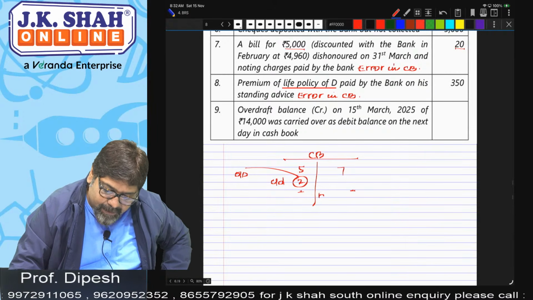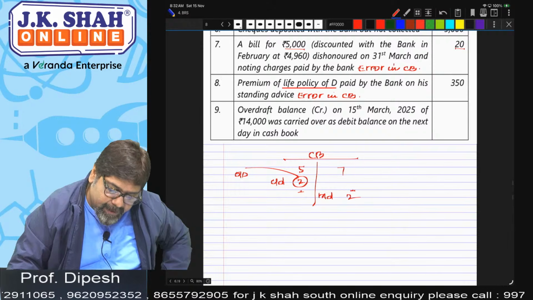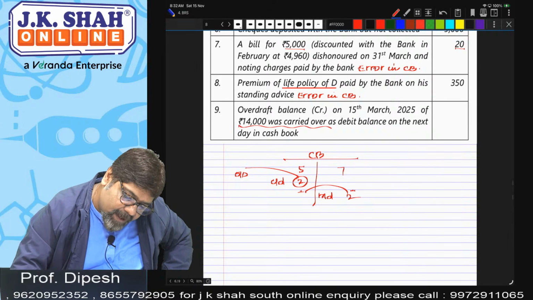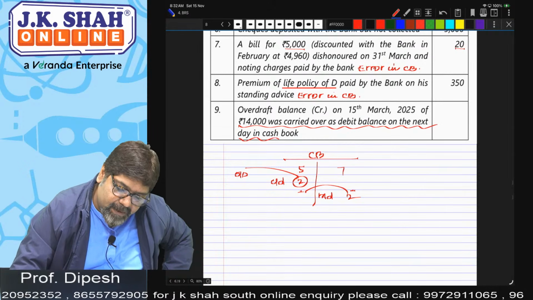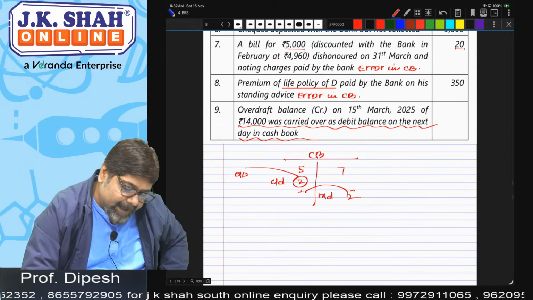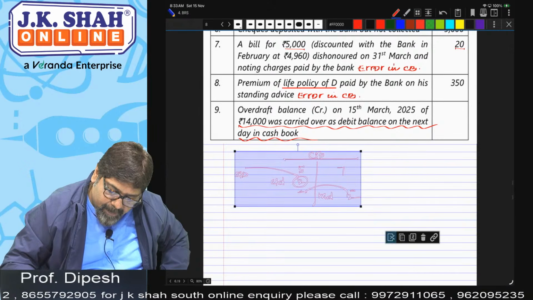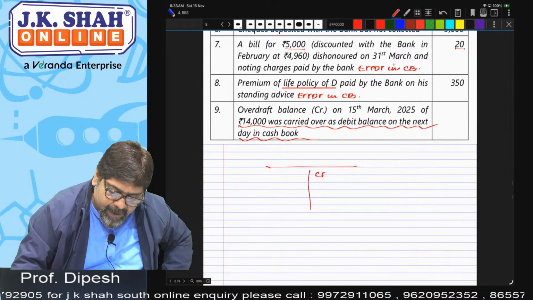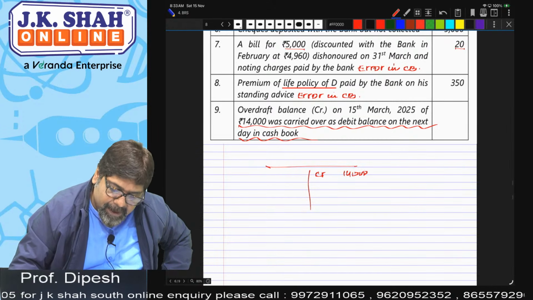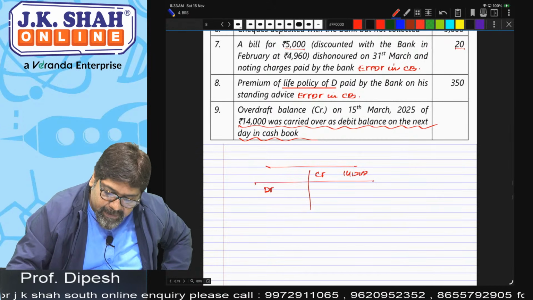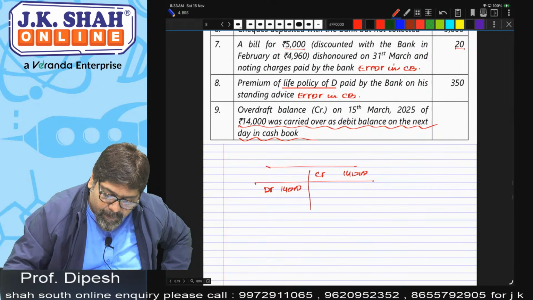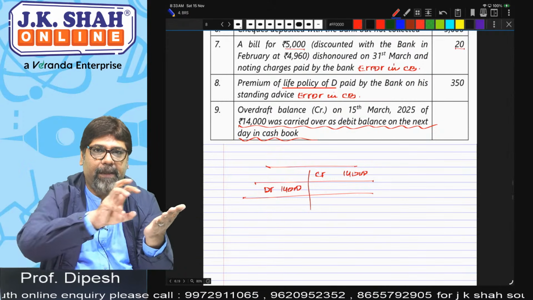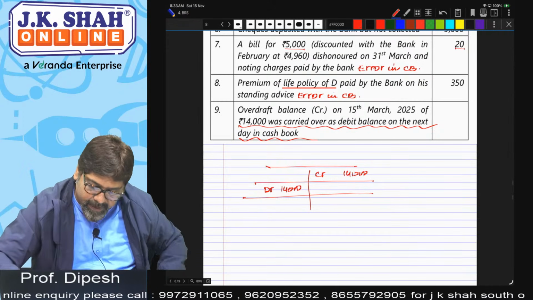Next day, this balance should come on the credit side, 2 rupees, but I have recorded it on the debit side and carried it forward as a debit balance. That means my balance should have been on the credit side 14,000, but I have recorded 14,000 on the debit side.